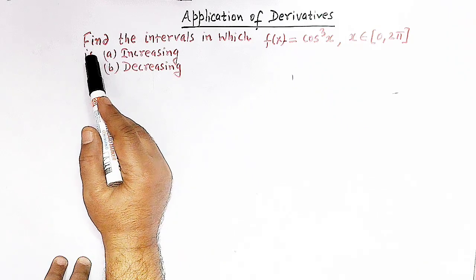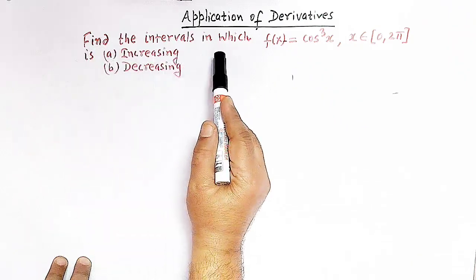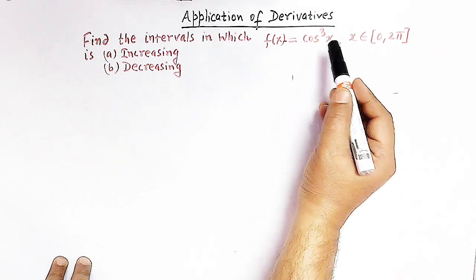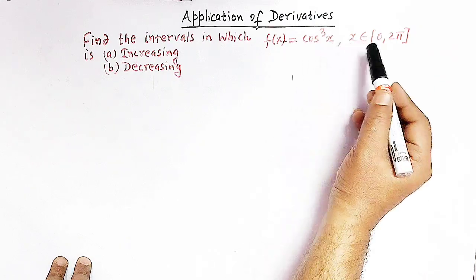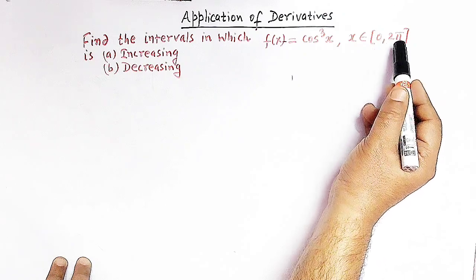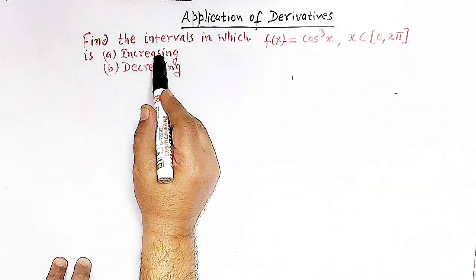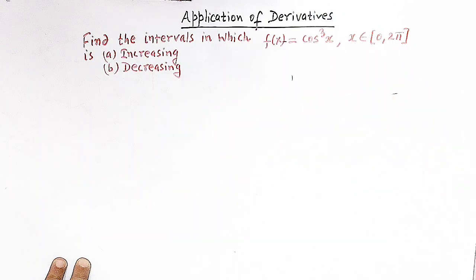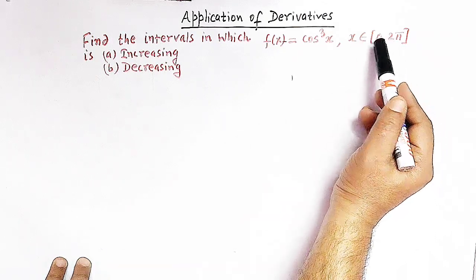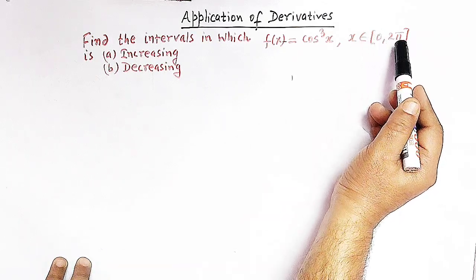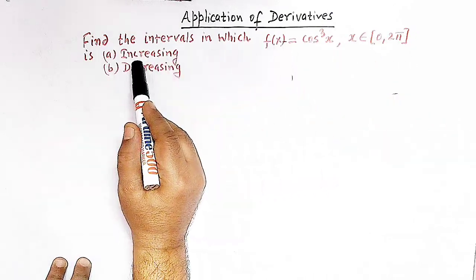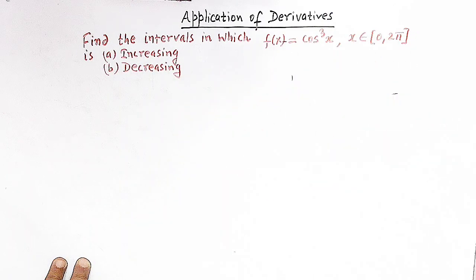So here we have to find out the intervals in which this function, that is f of x equal to cosine cube x, where x belongs to the interval from 0 to 2 pi, is increasing and decreasing. So we have to split this interval, from 0 to 2 pi, where this function f of x is increasing and decreasing.